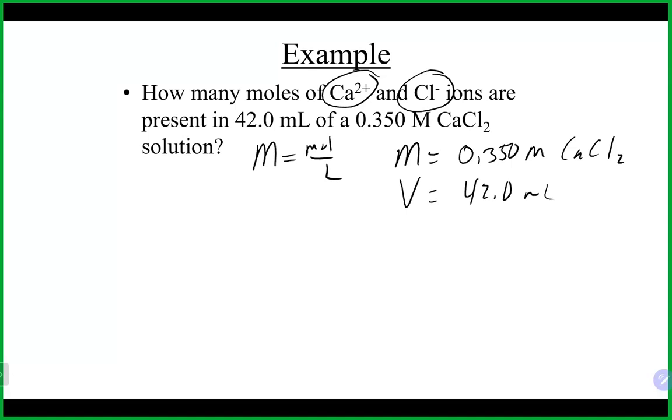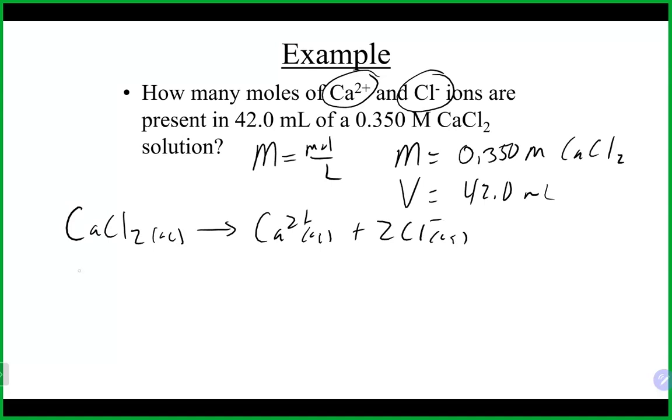When we look at calcium chloride, it's going to break apart into a calcium ion and 2 chloride ions. The molarity of the whole thing is 0.35 molar, which is a 1-to-1 relationship with the calcium, so calcium is 0.35 molar.